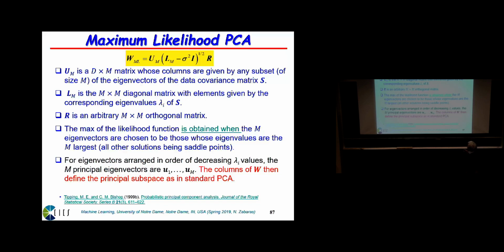So here, what is W? W is the matrix that takes us from latent space to physical space, the high dimensional space. This is how we do the projections. So it's not surprising that this matrix U comes to be the m leading eigenvectors of the sample covariance matrix, but you can see in the general formula for W, this is scaled with these eigenvalues, lambda i minus sigma square.